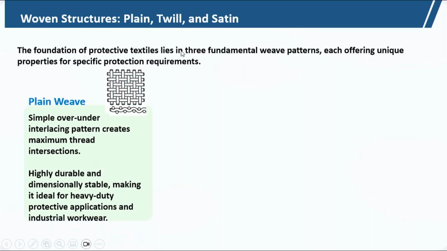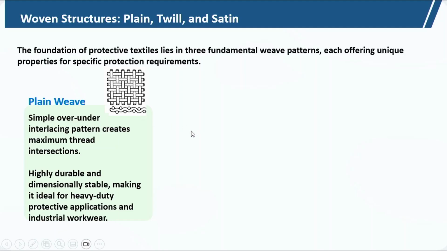Now, the plain weave is basically a simple over and under pattern, creating maximum thread intersections, the interlacement points. So, the structural integrity is very strong.